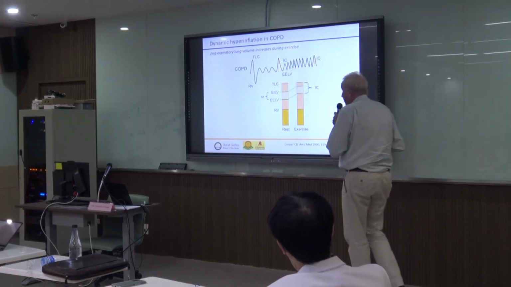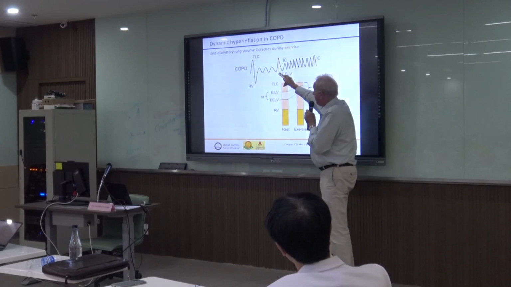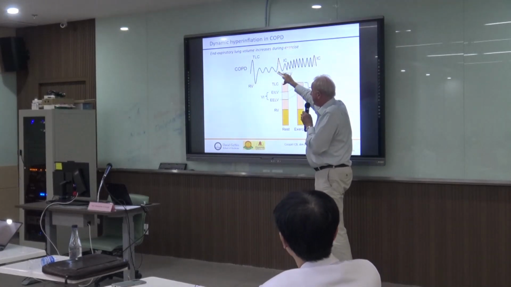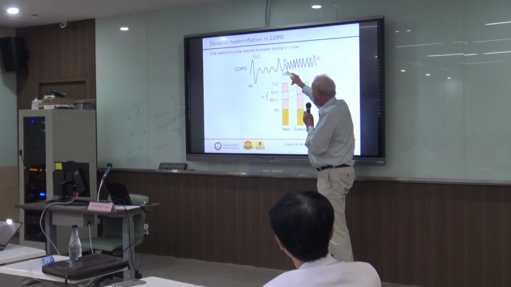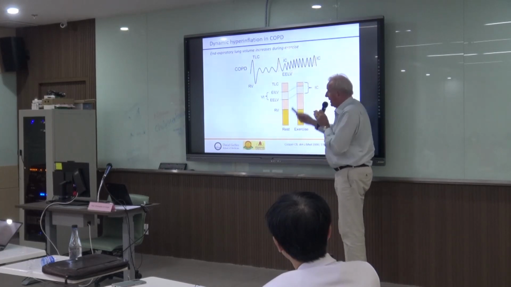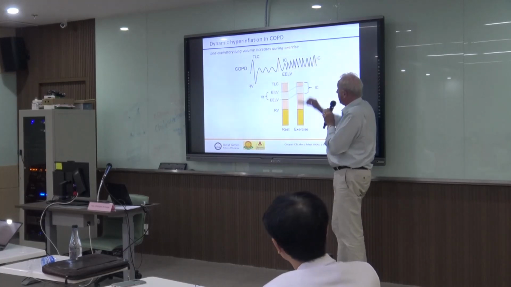But when people exercise and they increase their breathing frequency and they have a shorter time for exhalation, they can't exhale all the air that they breathe in a single breath, and so the end expiratory lung volume creeps up during exercise. This is called dynamic hyperinflation, and it reduces the difference between end expiratory lung volume and total lung capacity.